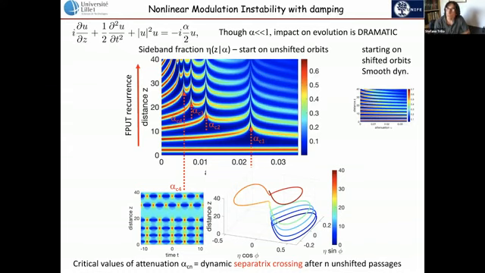Yeah, sure. Because the Hamiltonian is, as I said in the beginning, it was only a quick comment. But the NLS works like an inverted pendulum in the sense that the unshifted orbits, which correspond instead to rotation in a pendulum, are less energetic than the shifted. Sorry, the shifted are less energetic than the unshifted.